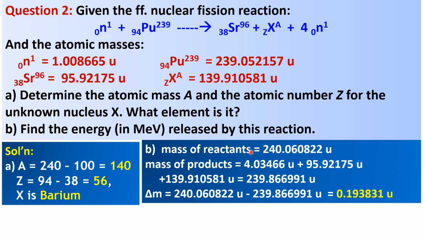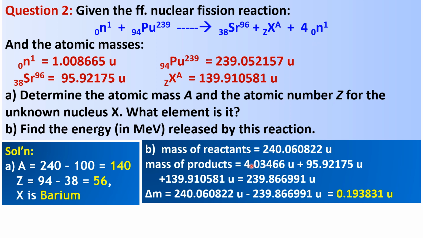For the final nuclides, the mass of the products, we add the atomic mass of strontium, 95.92175, and the atomic mass of the 4 neutrons. Each neutron has a mass of 1.008665 multiplied by 4, since there are 4 neutrons.